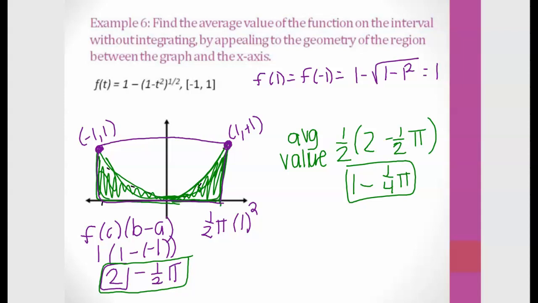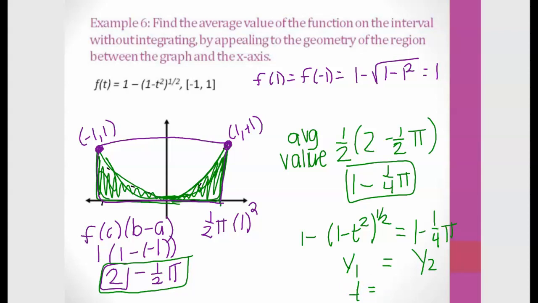Okay. Average value, and then it would be a calculator question to find where they equal. So you would set the square root of 1 minus t squared equal to 1 minus 1/4 pi, where this goes in y1 and this goes in y2, and then you solve for t.